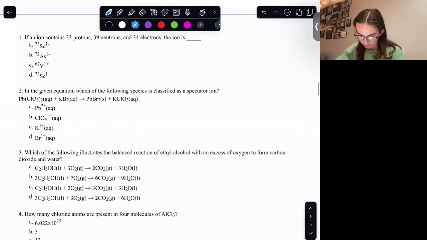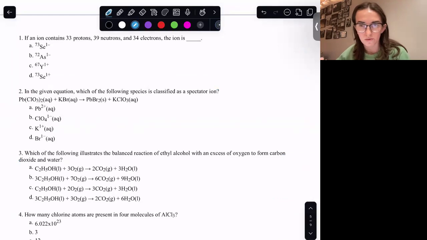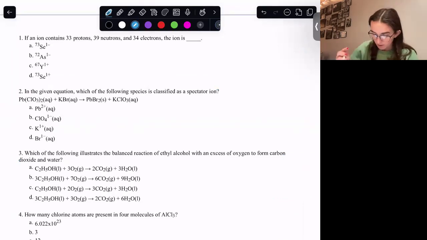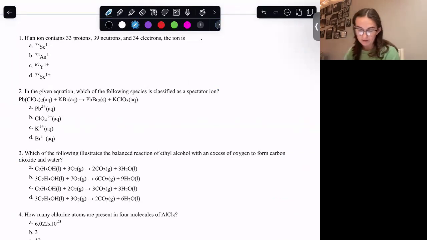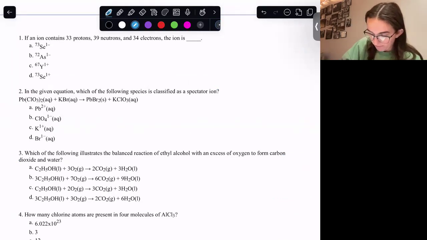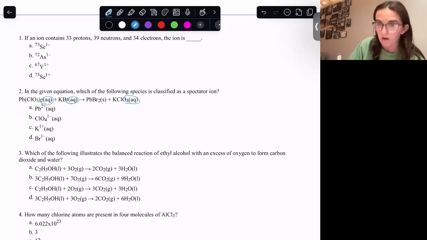Yes. So we'll do number 2 to show this one. When we talk about spectator ions, we're looking at usually something that forms a precipitate or solid. So we have Pb, and anything that's aqueous is going to split. So these are all going to split.